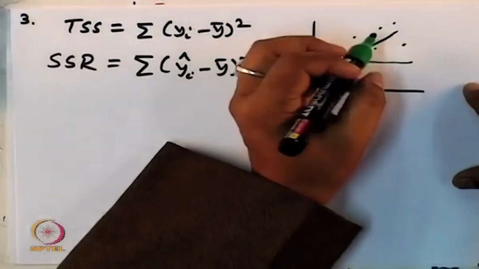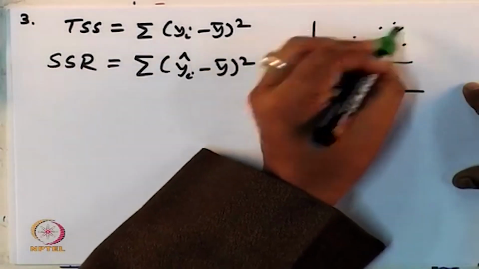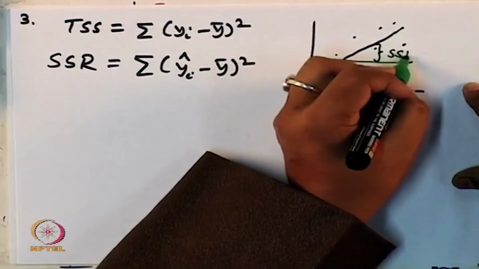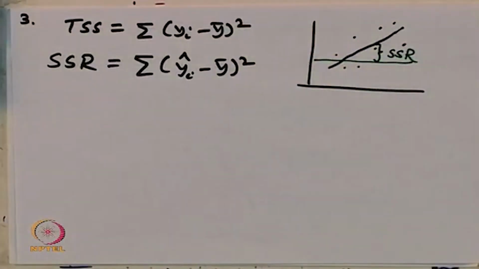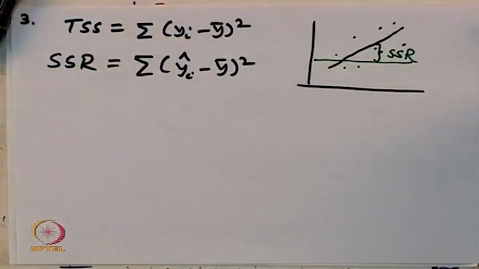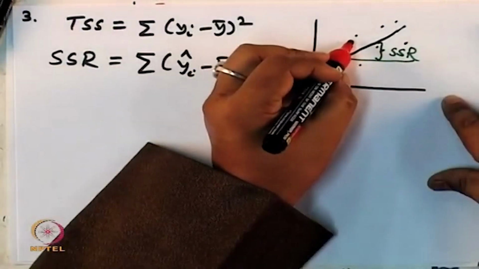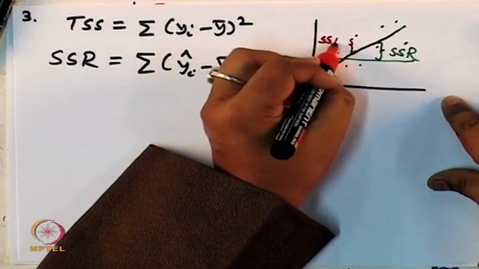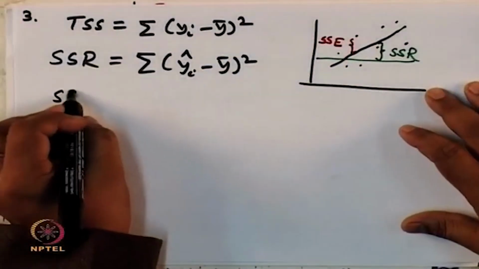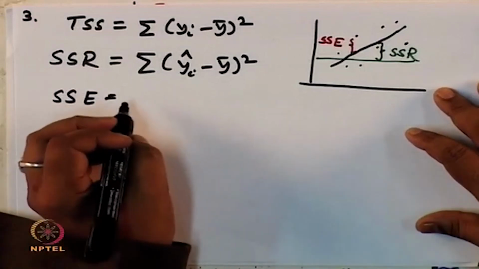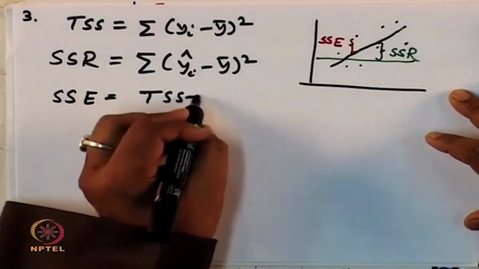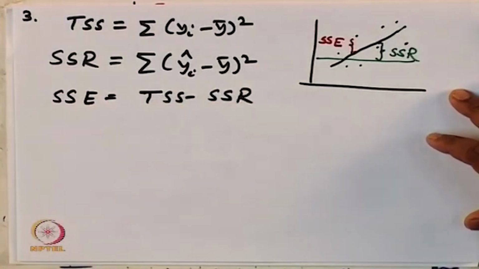At every point this difference, the sum of that, is SSR, and SSE is this deviation from the line. So, SSE is given by TSS minus SSR.